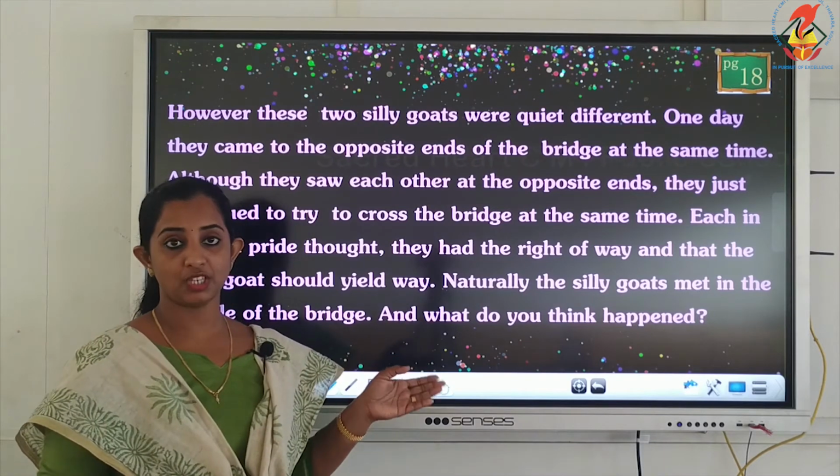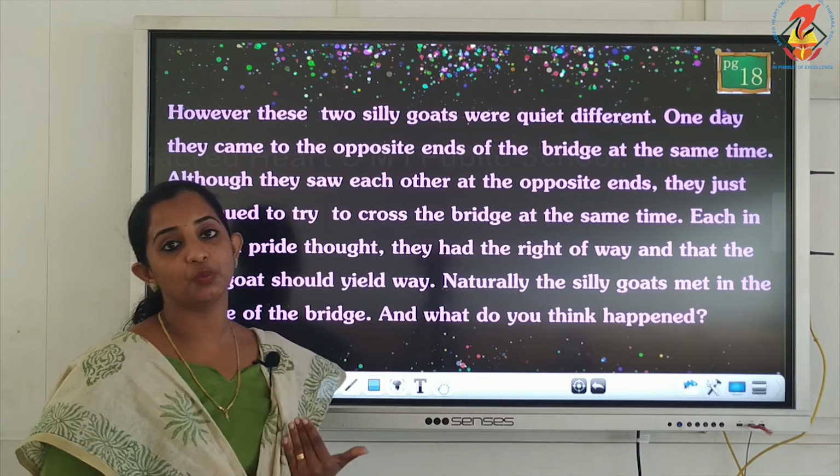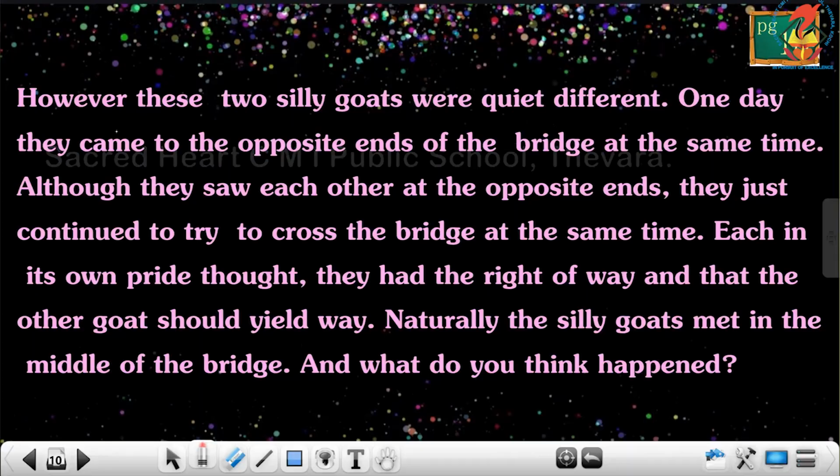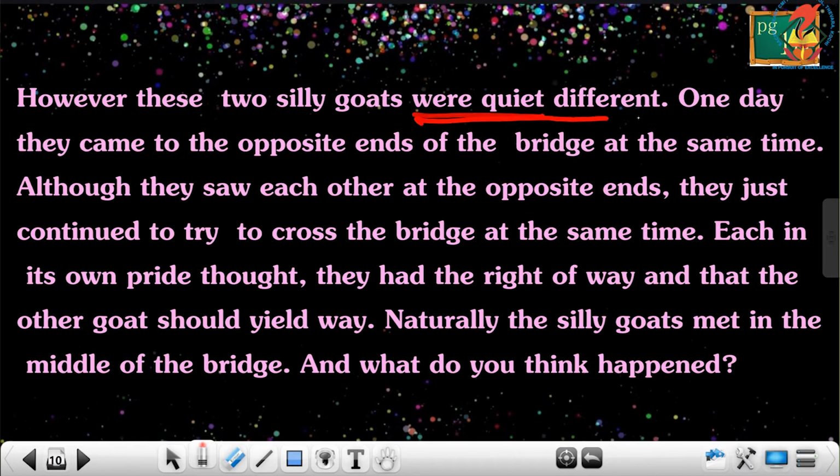Now this is page number 17 and 18. So we are beginning with our next paragraph. However, these two silly goats were quite different. Read together, children.